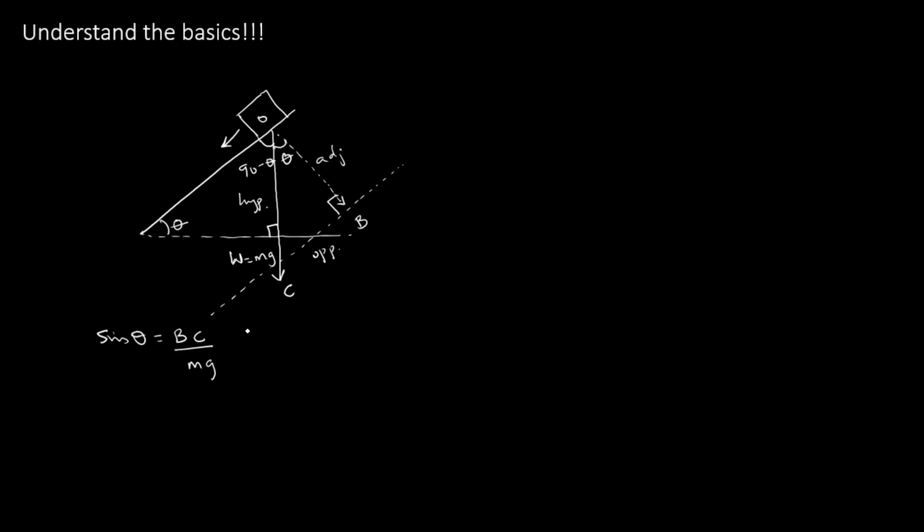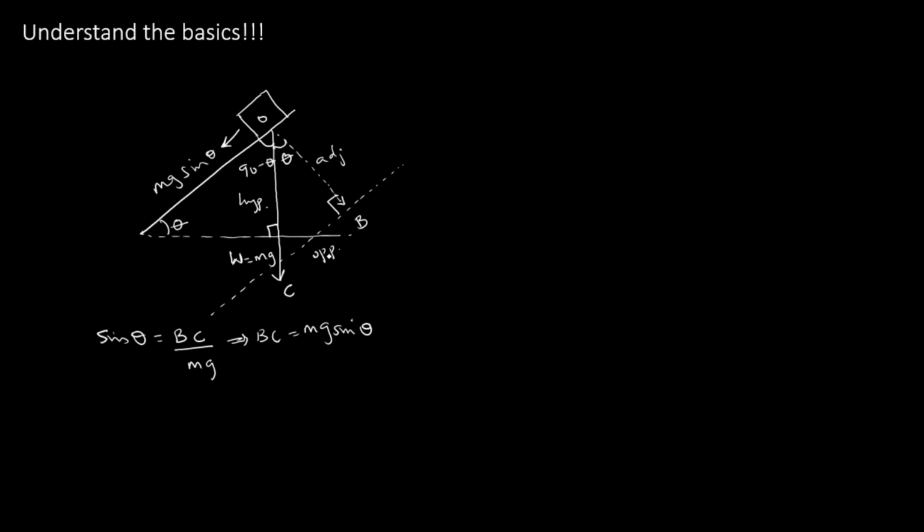So it implies therefore that BC, if we cross multiply here, would have mg sine theta. This implies that the component of the weight that is parallel to the plane is mg sine theta. I could write that here as mg sine theta.